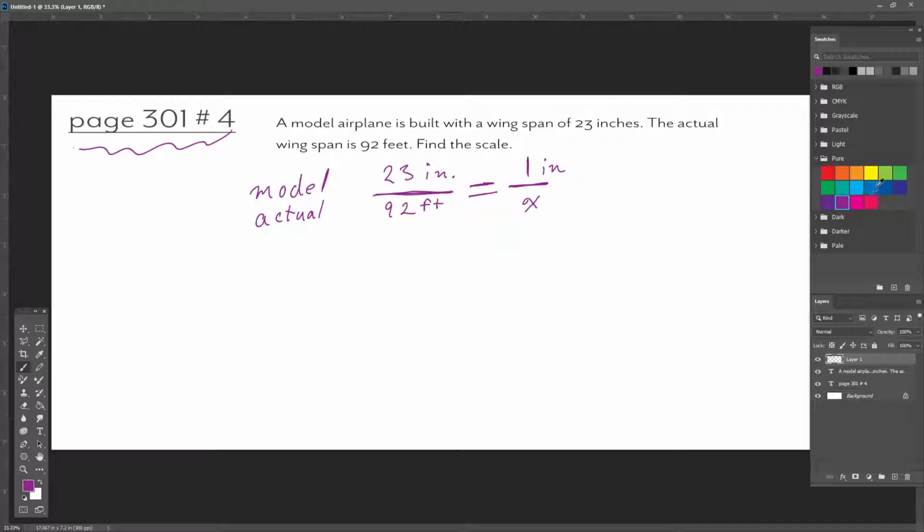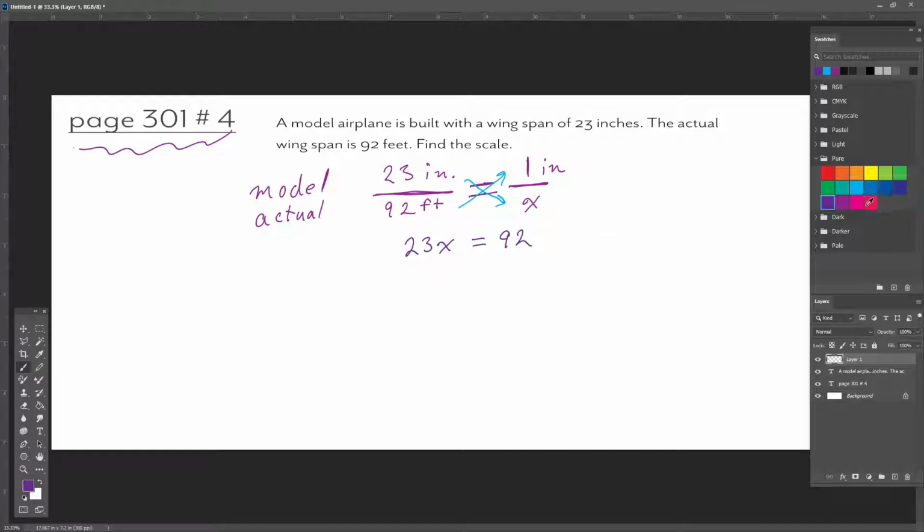So that's going to be our variable, our x. And since we have a proportion, a fraction equal to another fraction, this is not times here, this is equals. When we have equals here, we're going to cross multiply and divide. So we cross multiply 23 times x and 92 times 1. 23 times x is 23x. 92 times 1 is, of course, just 92.